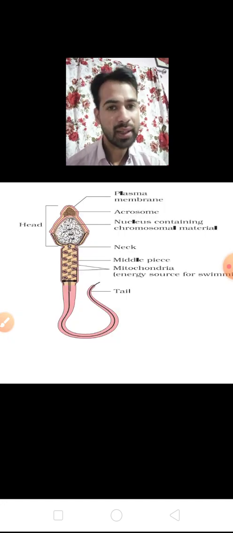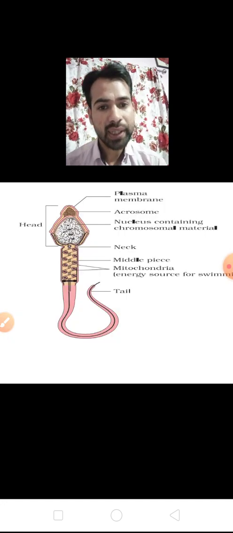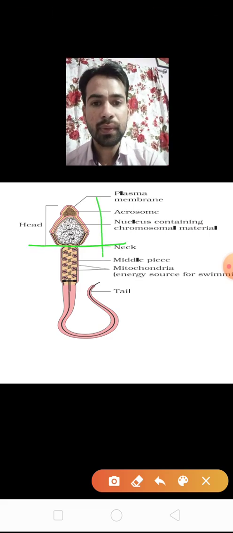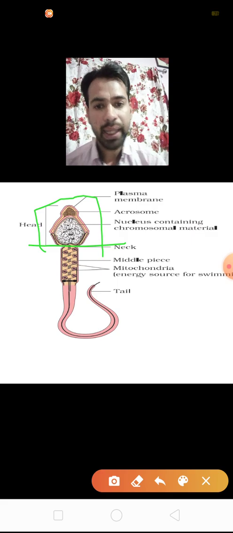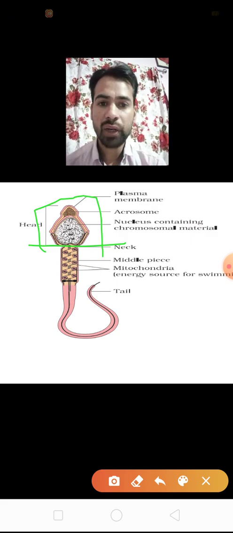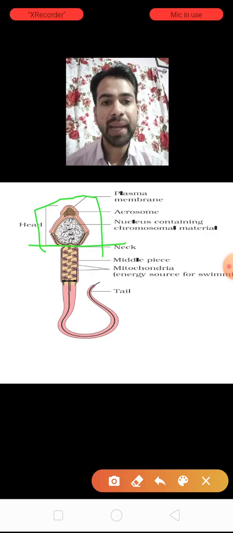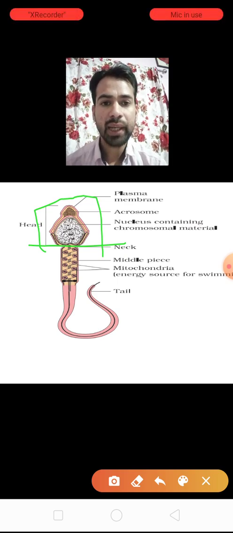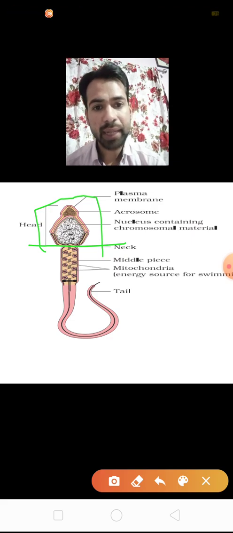Okay, clear about this? You can see on your screen the picture of the sperm, in which the head is there. In the head, the plasma membrane is the outer covering, then acrosome is the cap-like structure. Inside the head, the nucleus is there, which contains the genetic material.